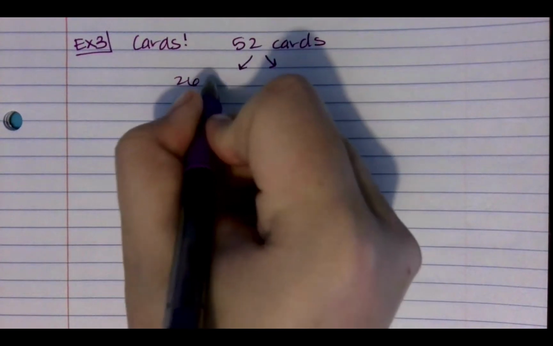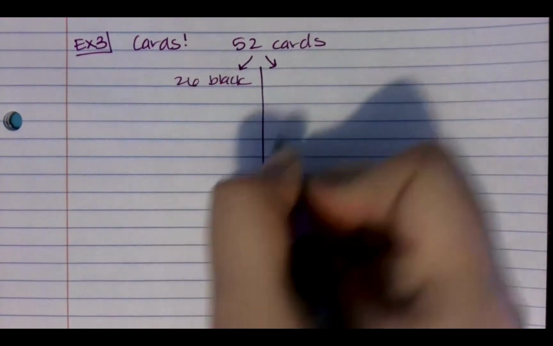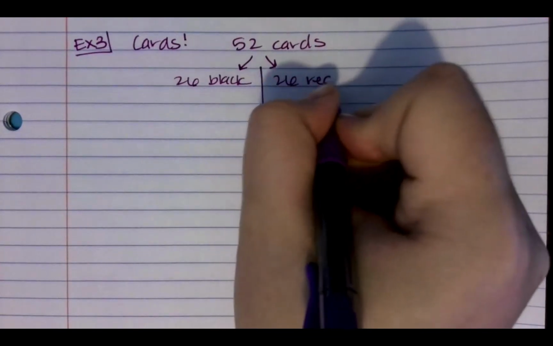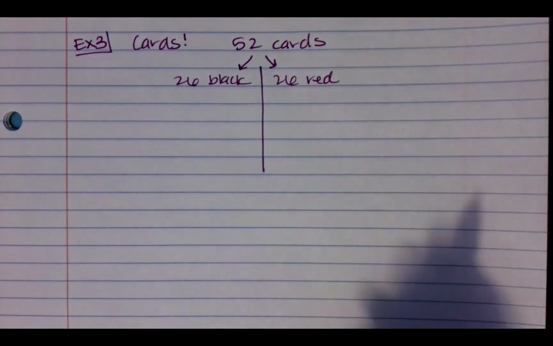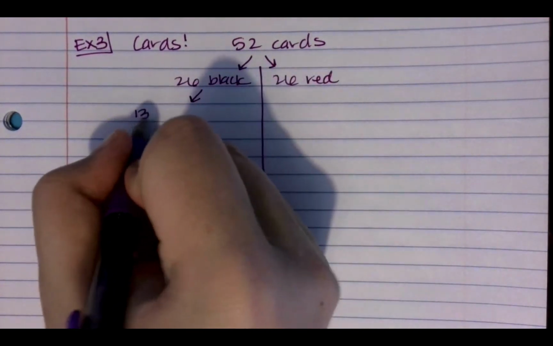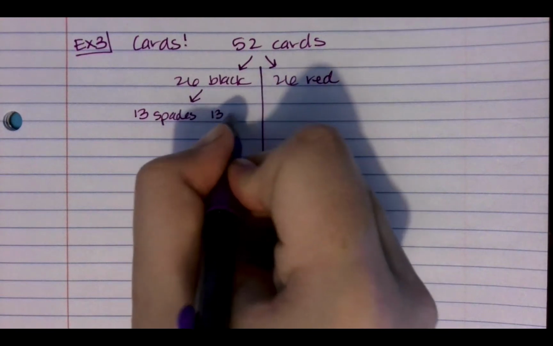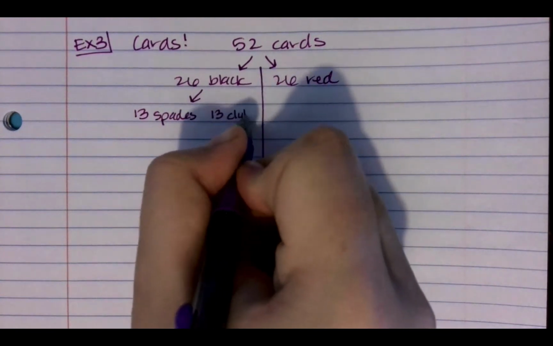There's 26 black cards, and there's 26 red cards. And then in the black cards, you have 13 spades and also 13 clubs.